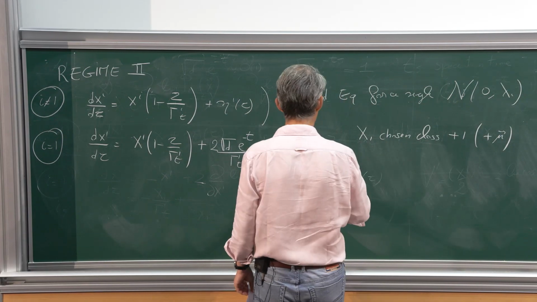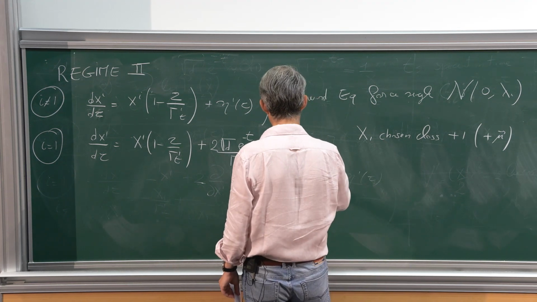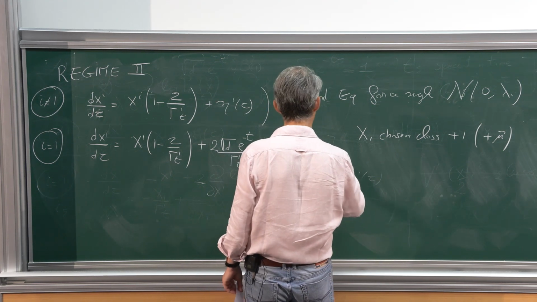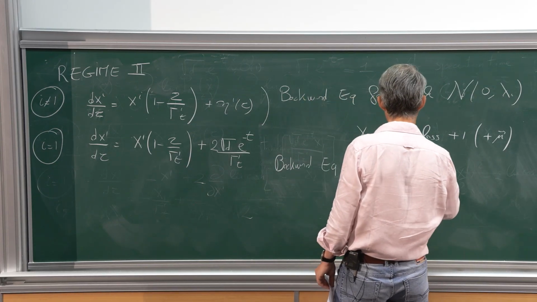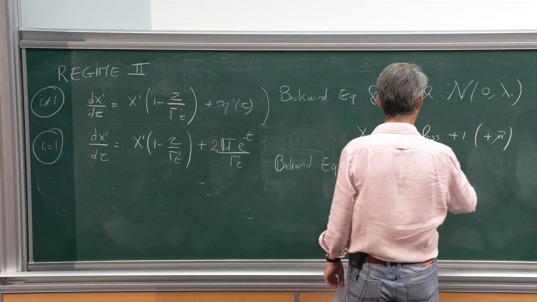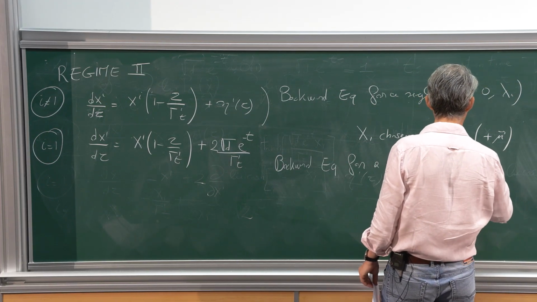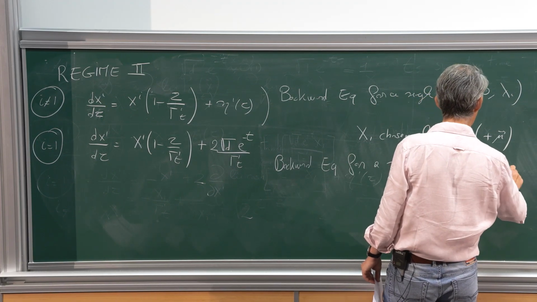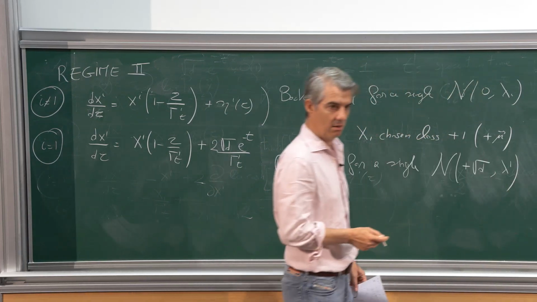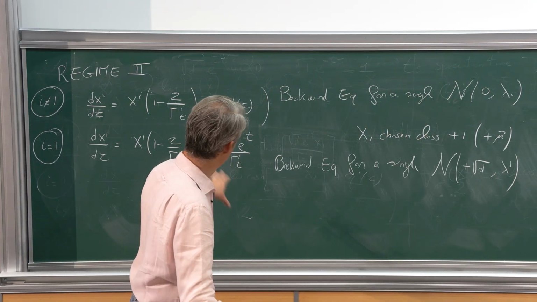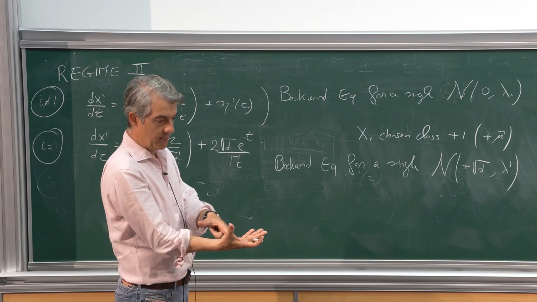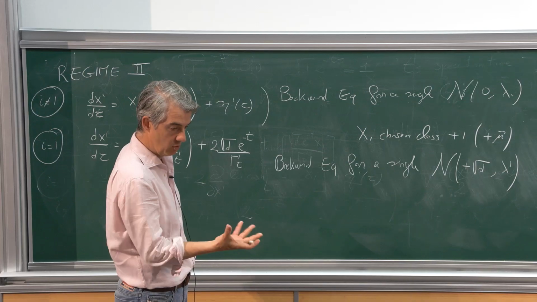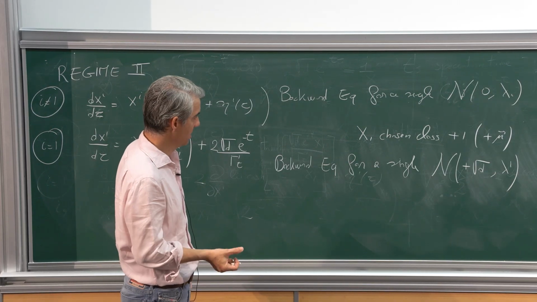And this one is, same thing, the backward equation for a single Gaussian variable, which is centered in plus square root of d, and has variance lambda 1. Okay? Because here, it's true that you have the two potentials, but since you are sure that you are on the x1 which are positive, you are just looking at one of them.